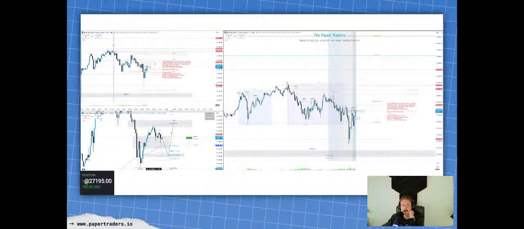Let's see it. Okay, we're sweeping that. No. And do we want that previous hourly high holding the closing price on it? 2 more minutes left on this 5-minute. Let's see.